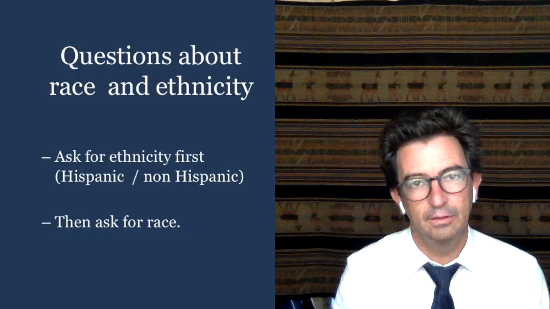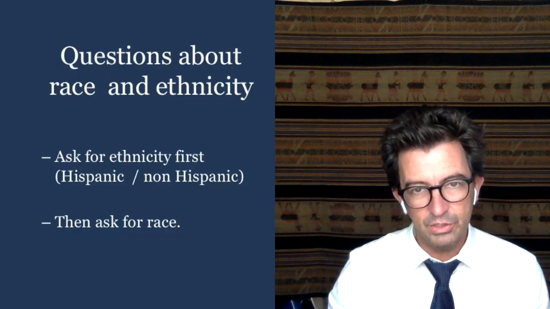The race you identify with may be a mix. Maybe your parents are of different races. So, what are you to choose? Do you choose both or do you choose one? And so, in some cases, it's very useful to put a mixed or other category in the race question.